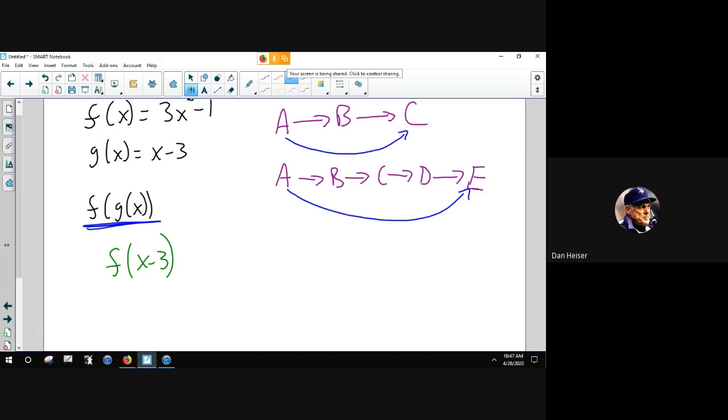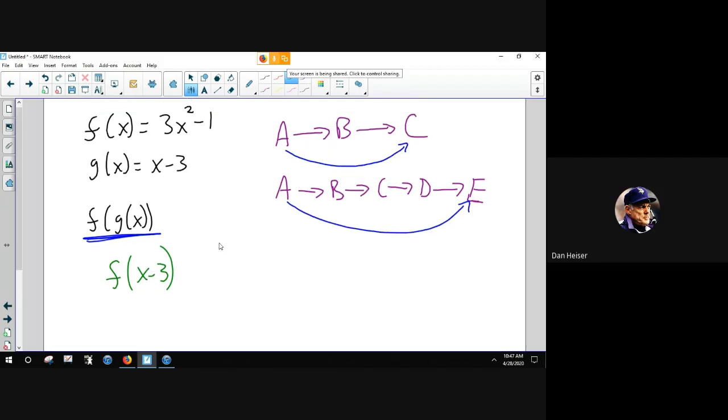And now this is something you saw on the practice worksheet and on the previous video: how do you deal with expressions? Well, we deal with them the same way we deal with numbers. Whatever's inside the parentheses gets plugged into a spot. This is inside the parentheses. The rule is f. Whatever's inside the parentheses gets plugged into this spot.